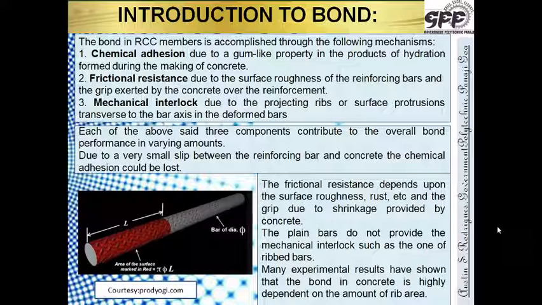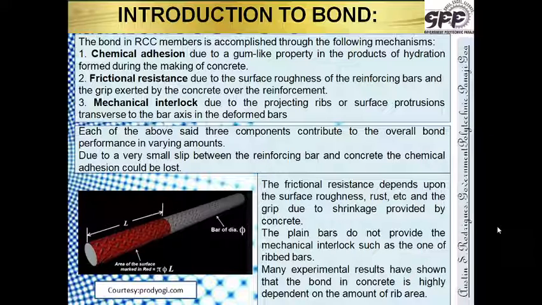Now the bond in RCC members is accomplished by the following three mechanisms. One is chemical adhesion. Now what is this chemical adhesion? Whenever we have concreting being done, we have cement which when added with water changes into cement paste. Now this cement paste forms a gum-like material. This gum-like material binds all the other ingredients like sand, aggregate and reinforcement. It binds everything.